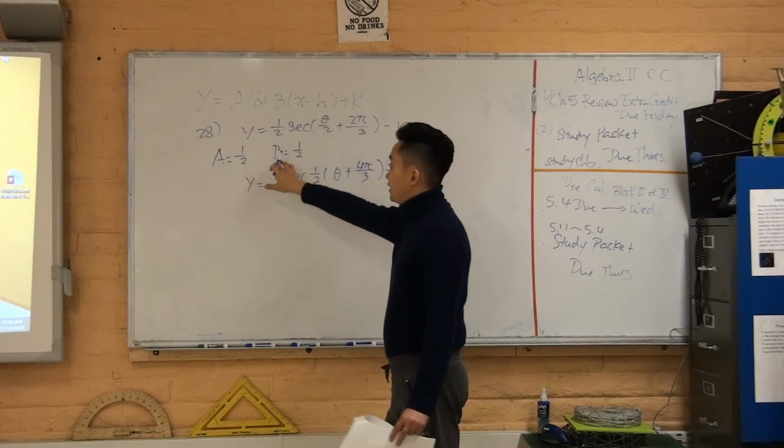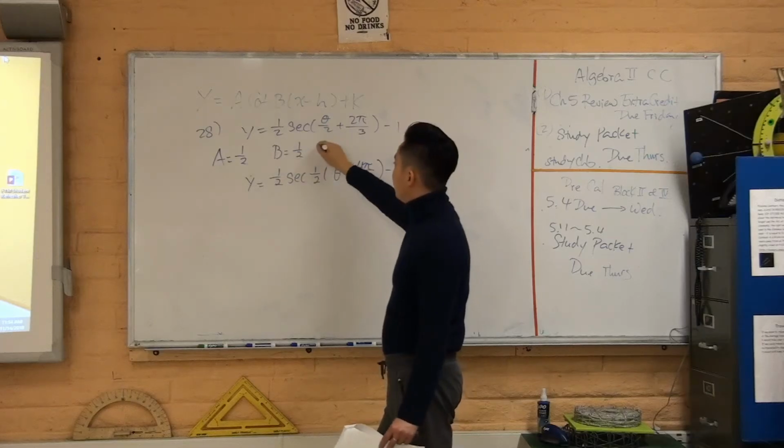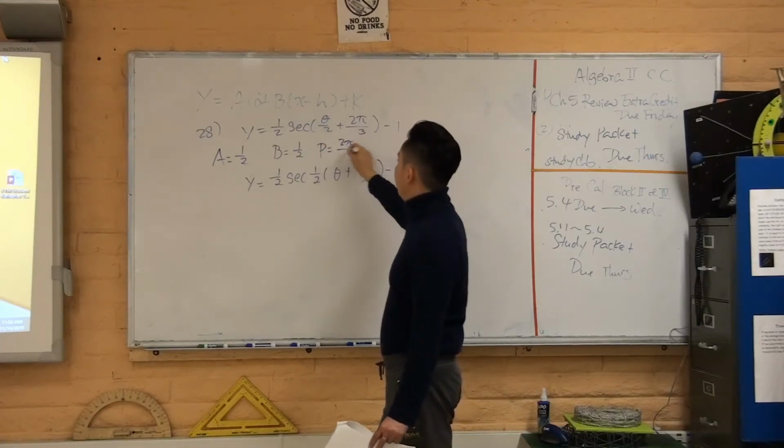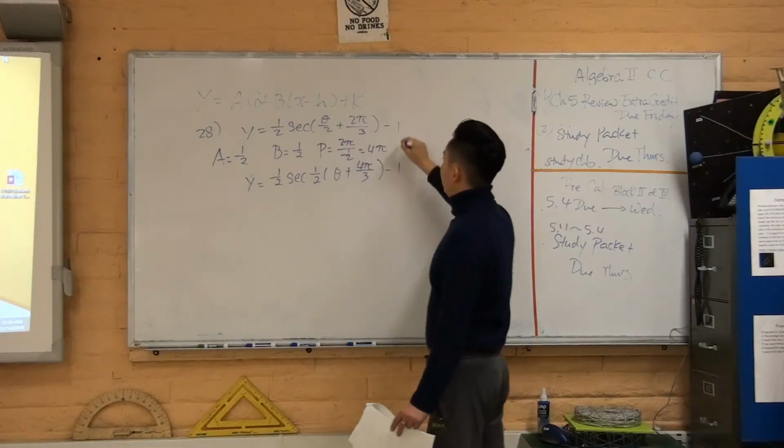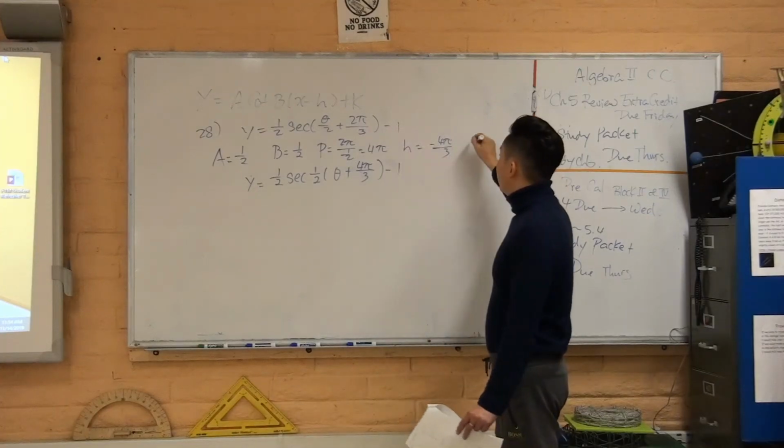So with the initial amplitude, the scale factor, and the value B, we can find the period, which is 2 pi over 1/2. And also the shift is moving to the left.